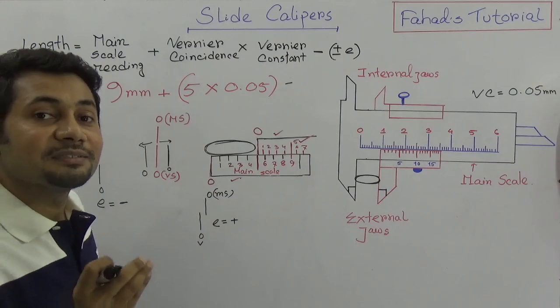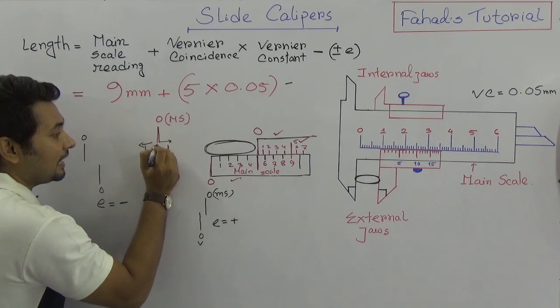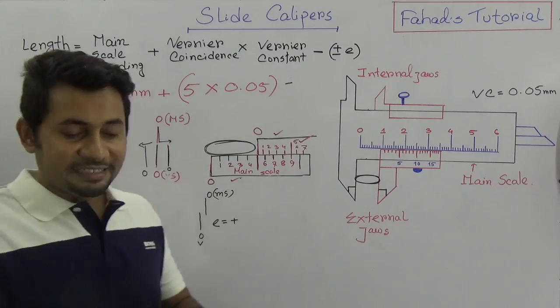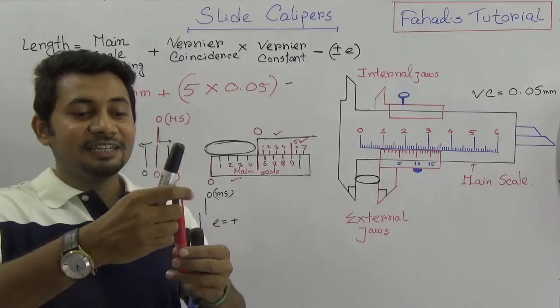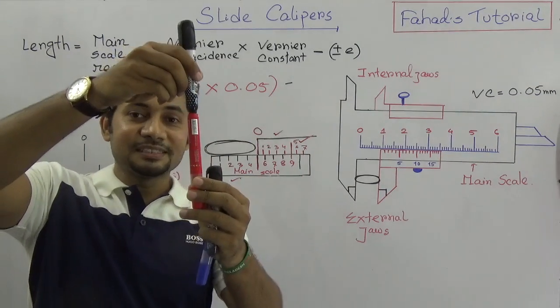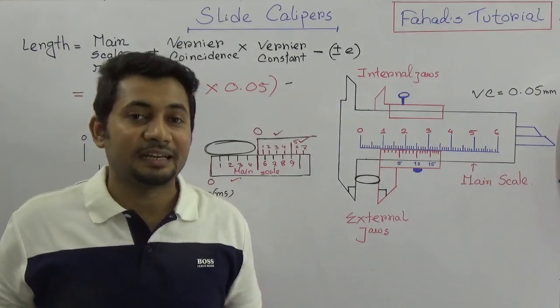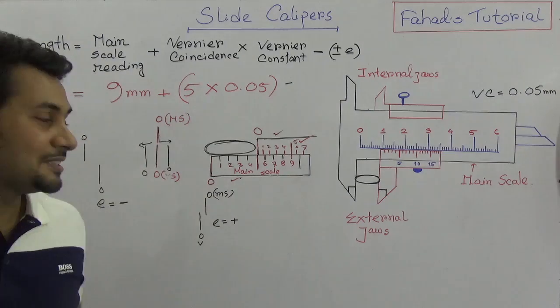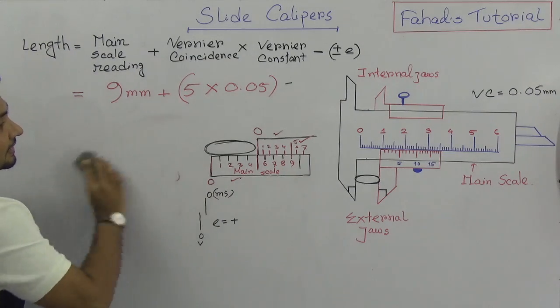But usually what is the main scenario? When the zeros are aligned together, vertically aligned, then we say there are no mechanical errors. Hopefully we wish there are no mechanical errors.